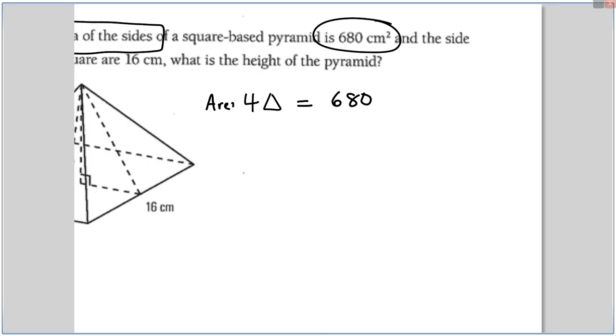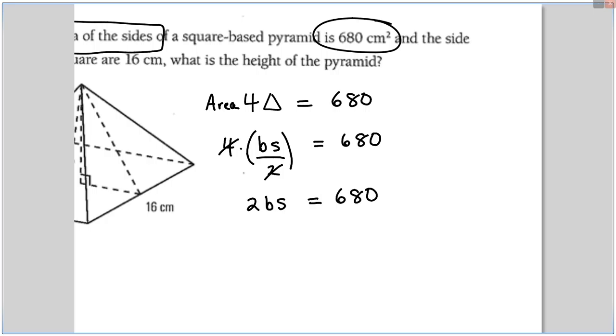So the 4 triangles, guys: 4 triangles, base times slant divided by 2, equals 680. Stay with me. What's 4 divided by 2? 2.